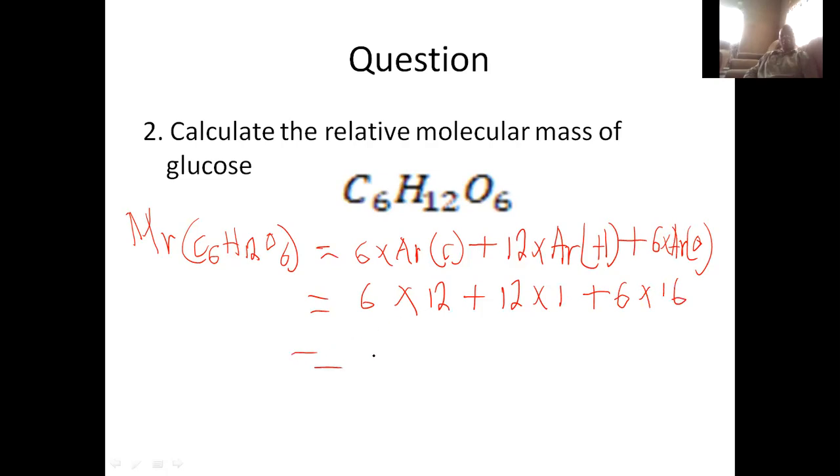So what we have is 72 plus 12 plus 6 multiplied by 16, that is 96, which gives us 180.